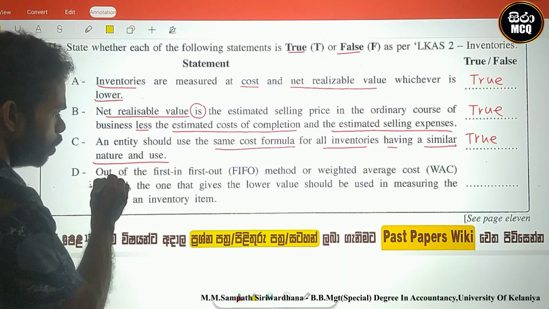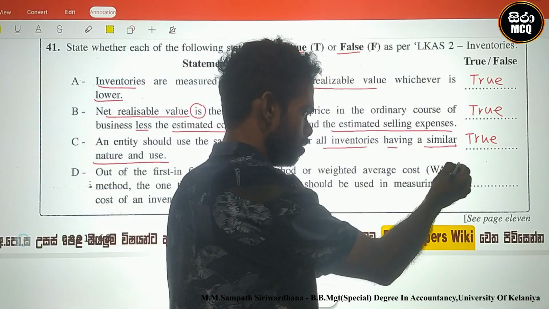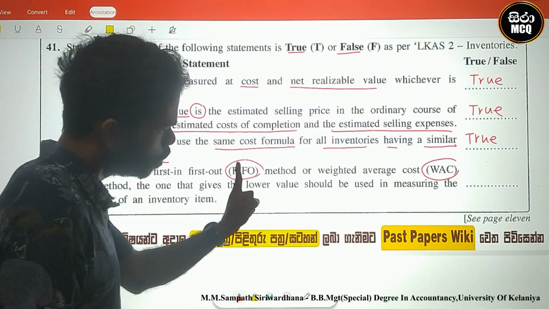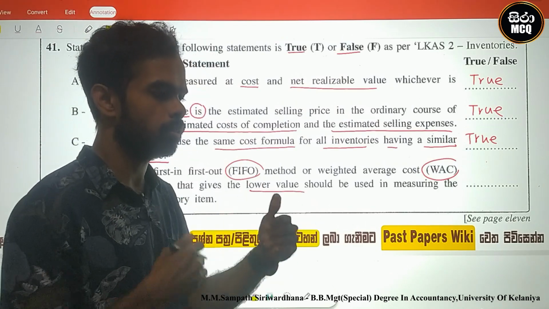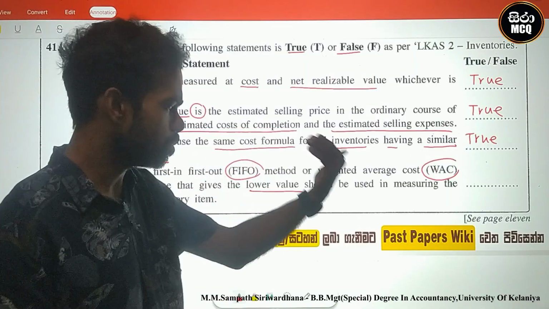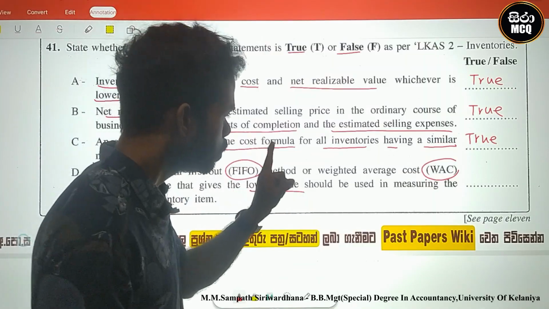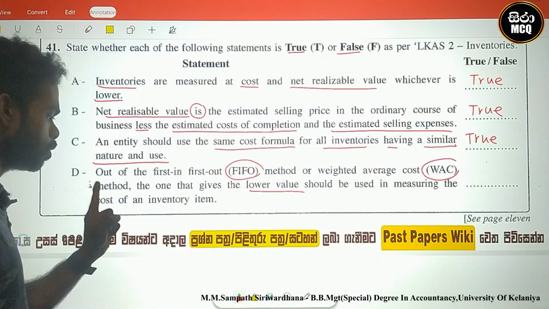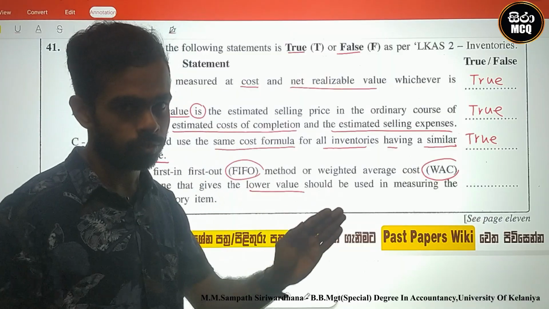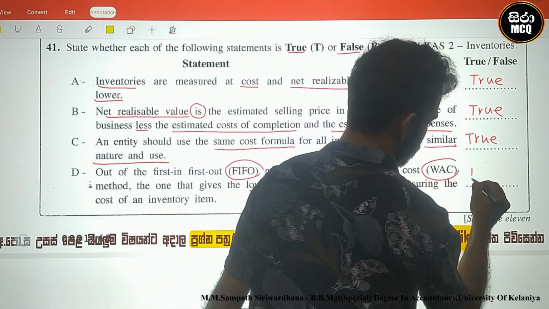This is wrong. For the same inventory we could use FIFO or WAC, and they say the one giving the lower value should be used. No, this is wrong. This is cost identification: only WAC or only FIFO can be used. There is a policy. So this is false.